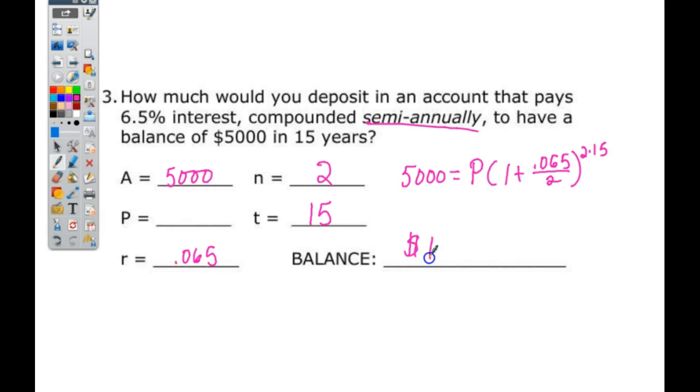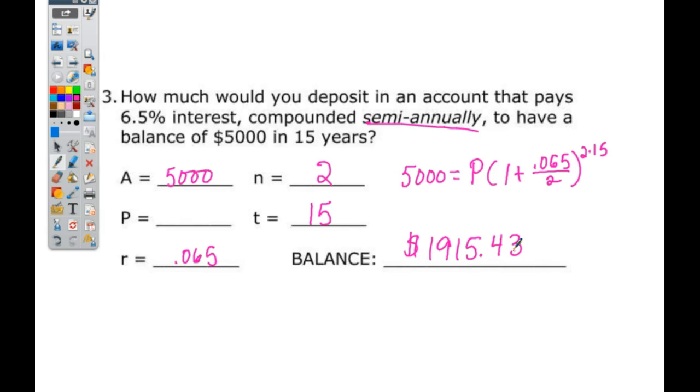And you should have gotten $1,915.43. Okay, any questions? So if we put 1,900 in and just leave it sitting for 15 years, we get 5,000 back. That's all right, huh?